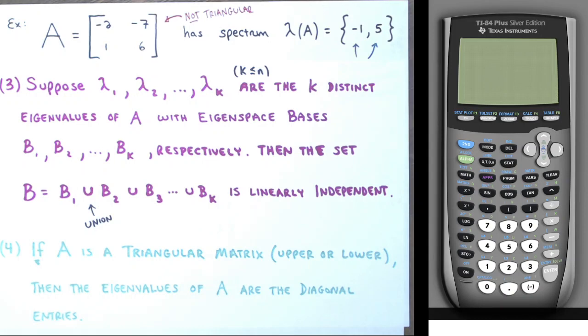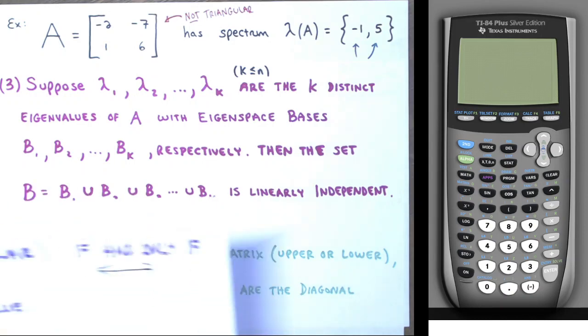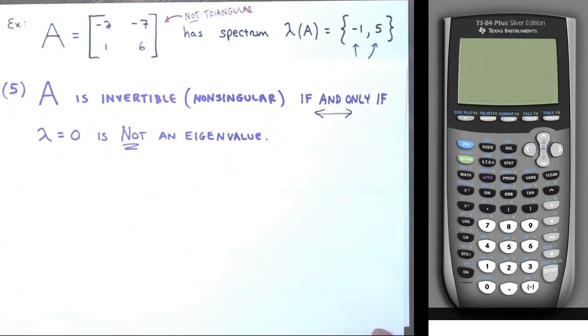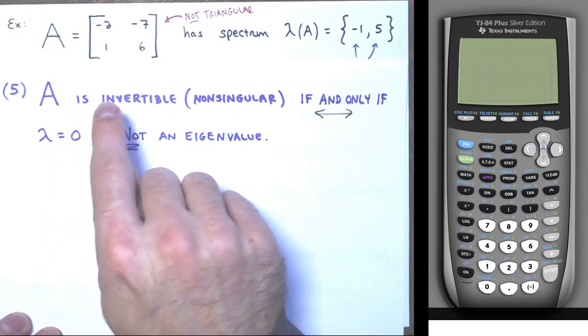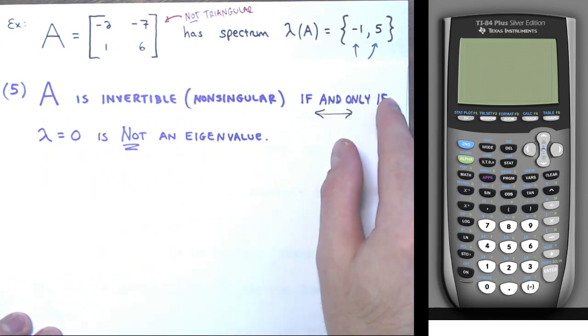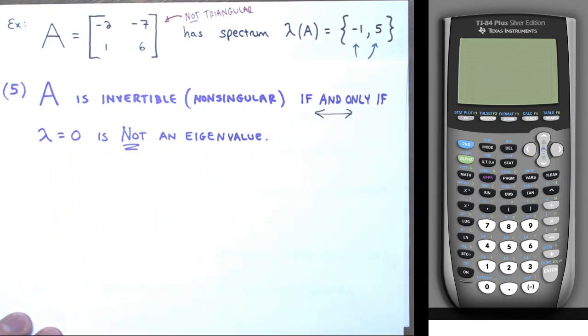And finally, the 5th statement. The 5th statement says that A is invertible if and only if 0 is not an eigenvalue.